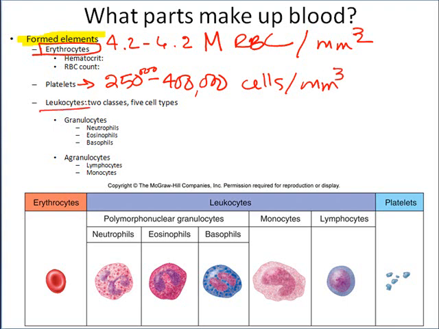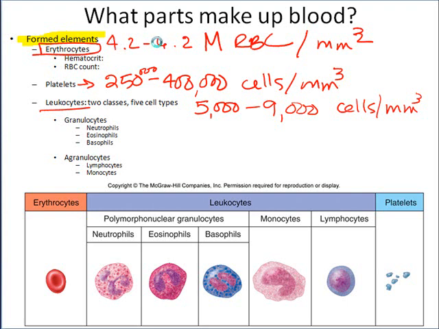The white blood cells account for somewhere around 5,000 to 9,000 cells per cubic millimeter. So you can see by this that obviously the majority of the formed elements of blood is red blood cells. Then the next most common component are the platelets, and the least common are the white blood cells.